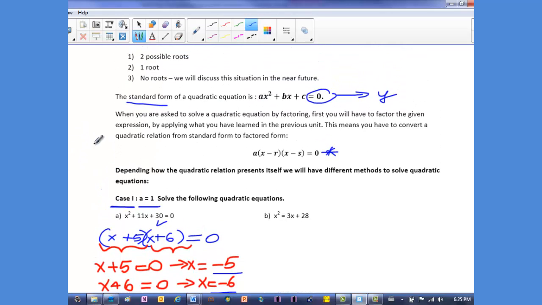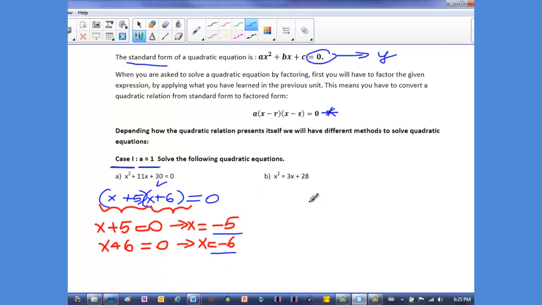Standard form meant that I had all the terms on the left side equal to 0. So, in my specific case, I have to subtract 3x and subtract 28, or move them to the other side, to get the right side to become 0. So my new expression will be x squared minus 3x minus 28 equals 0.